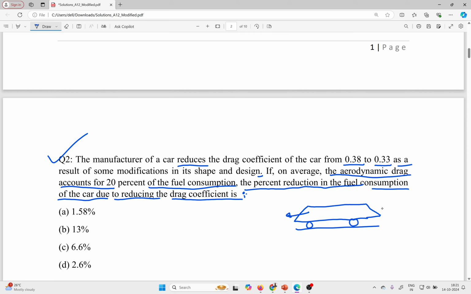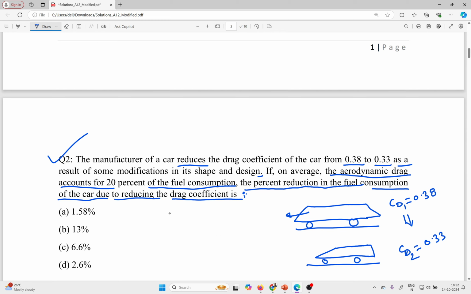For this car, your drag coefficient is 0.38. After modification, the car might be modified like that, maybe like that. After modification, let us write here CD1 and this is CD2, which is 0.33 in this question.